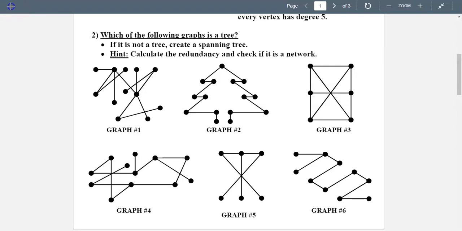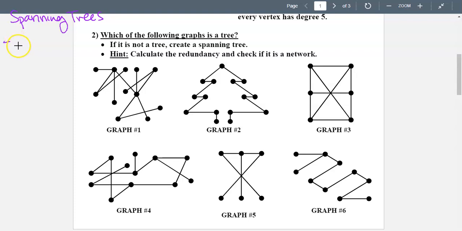So there's a few things that you need to know about a spanning tree. Spanning trees have a few important properties.